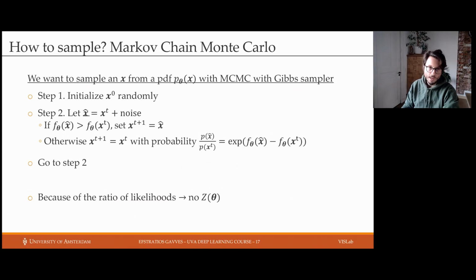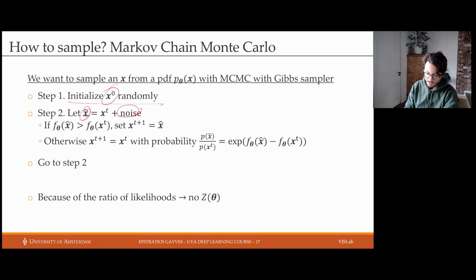Now, how is the sampling done? Well, we mentioned previously Markov chain Monte Carlo with Gibbs sampling. Basically, we have to initialize somehow, and let's call this our x0 sample. It might be good, it might not be good, it depends on the type of initialization. Then we add some noise, from some noise variable, and we can compute the probability of that new sample.